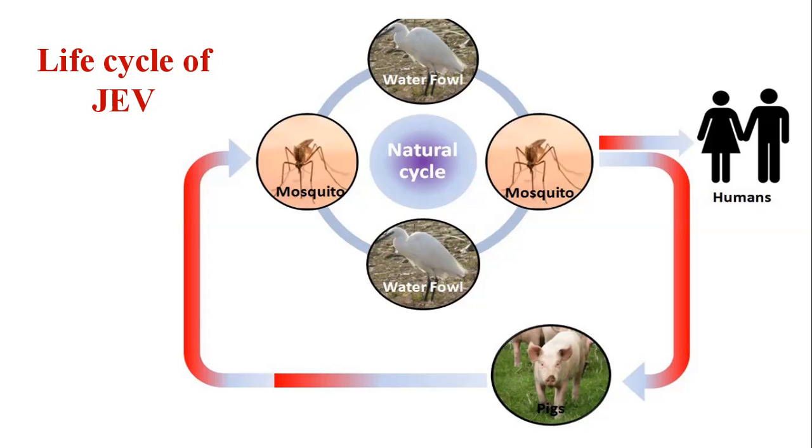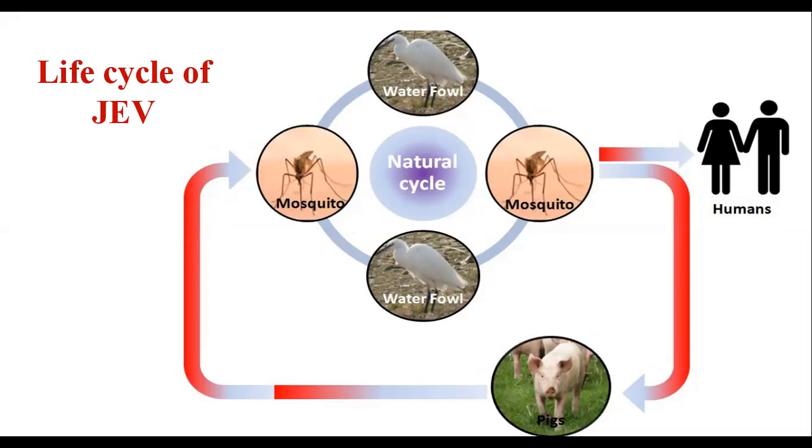Birds, the herons or egrets, are the natural reservoirs, and the bird-mosquito-bird cycle, or else the pig-mosquito-pig cycle, are the amplifiers, and from there humans get infected. So this is the natural life cycle of JEV.